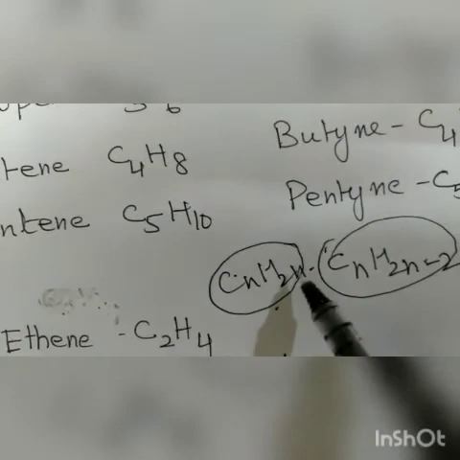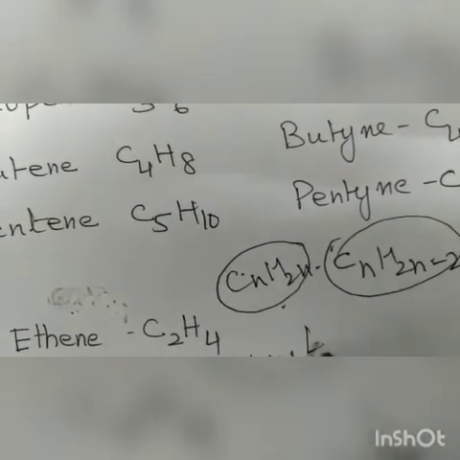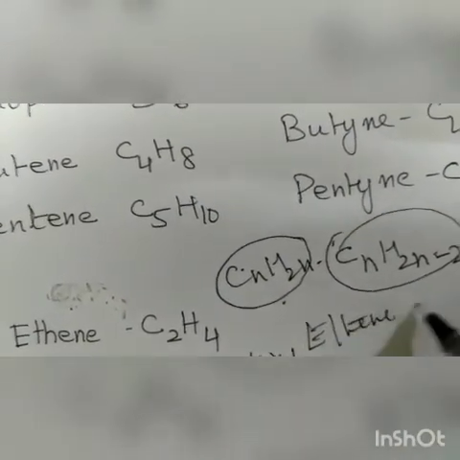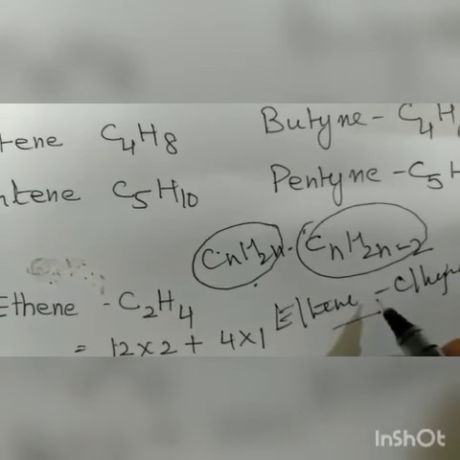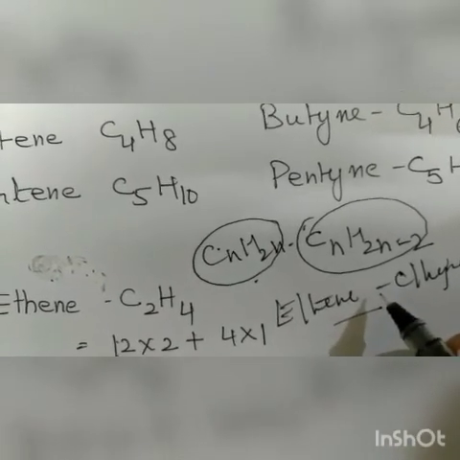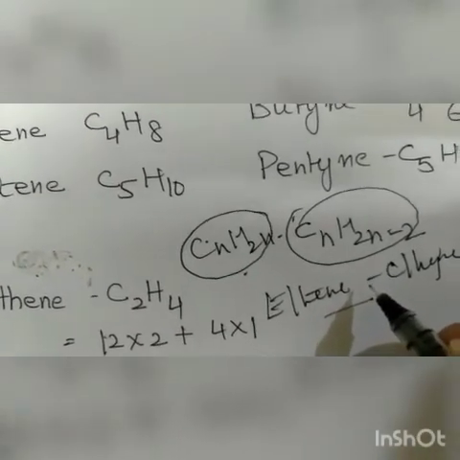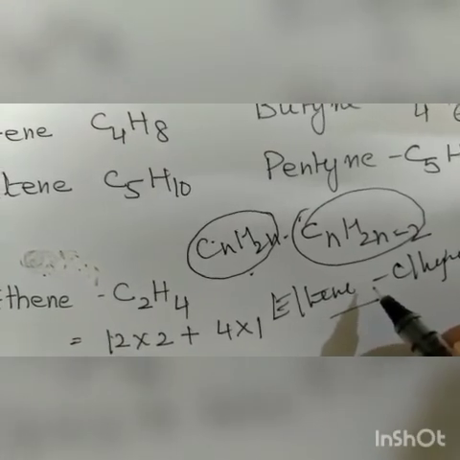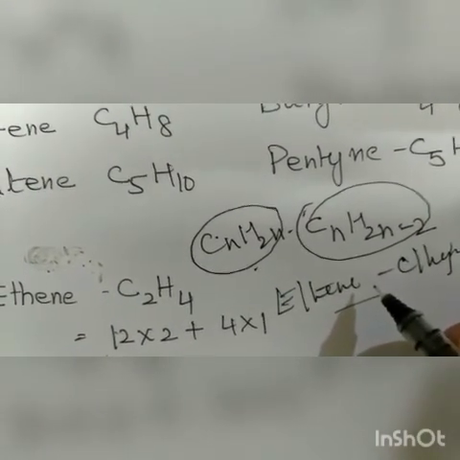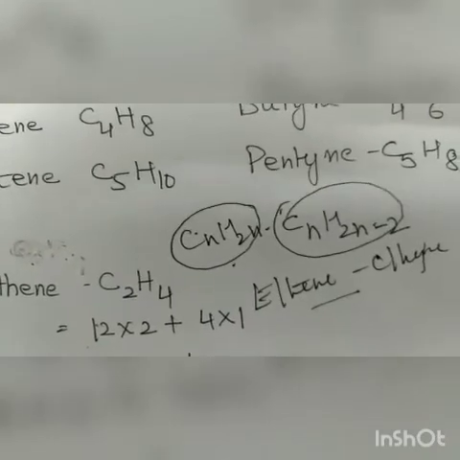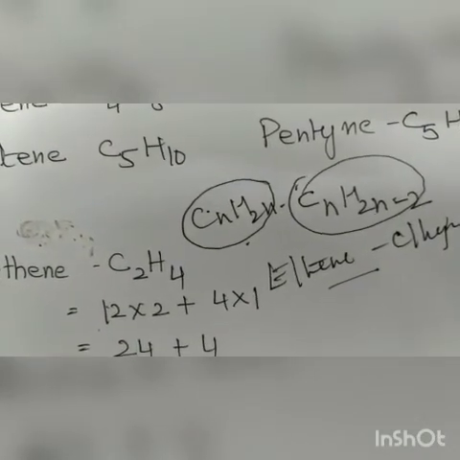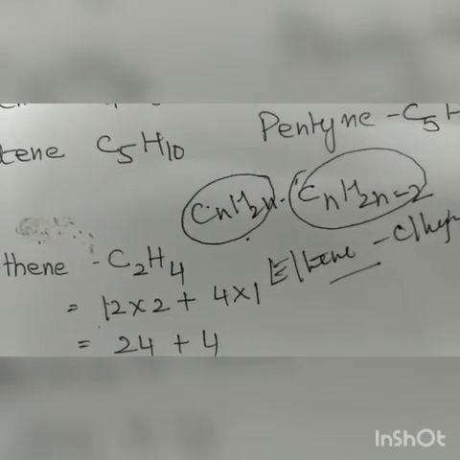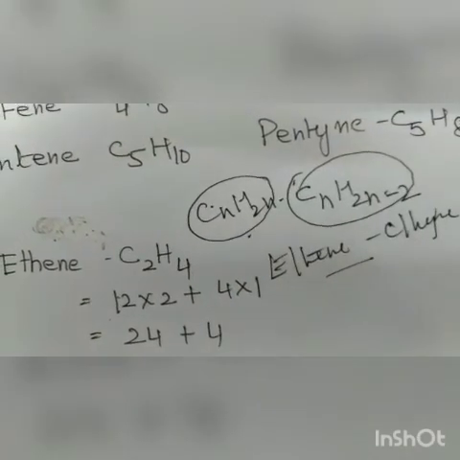But you cannot say that ethene and ethyne differ by a CH2 group. No, because they belong to different series having different general formulas. So all the members having the same general formula, whether alkanes, alkynes or any other compound having a functional group, differ by a CH2 unit or a mass of 14 units. I hope it is clear to everyone.